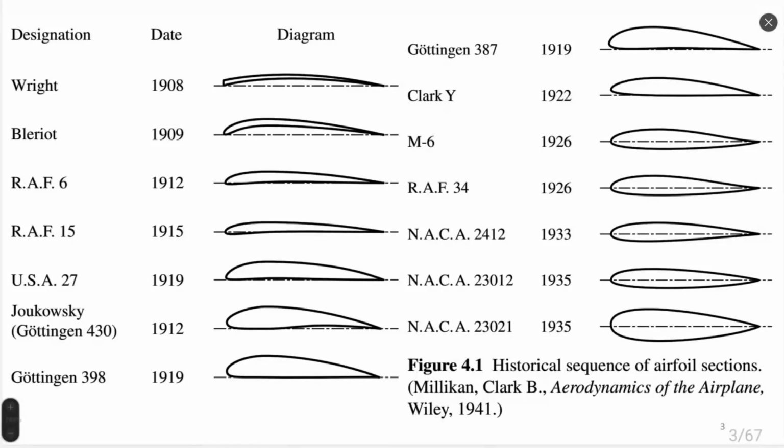They are examples built in the first part of the previous century, starting from the Wright brothers, quite simple geometries, and then you can see through the years significant improvement of geometries and the creation of different types of airfoils.